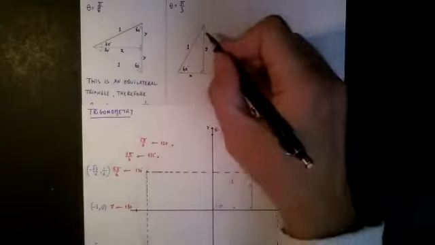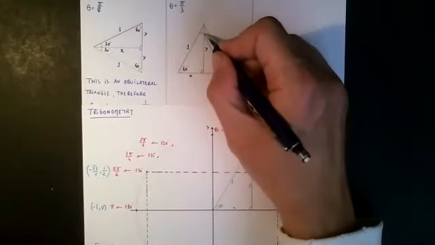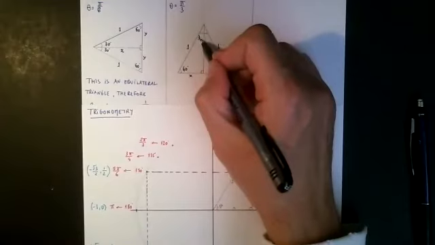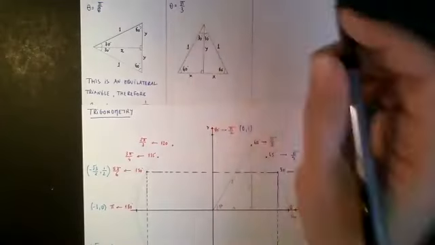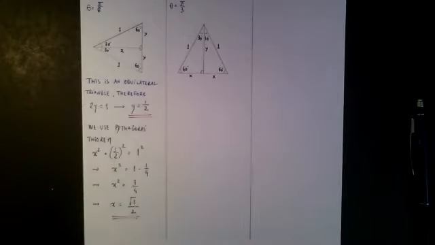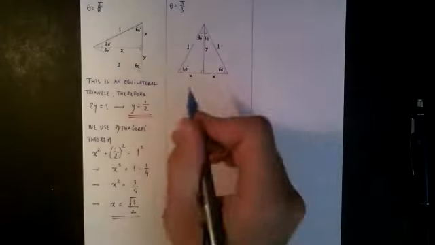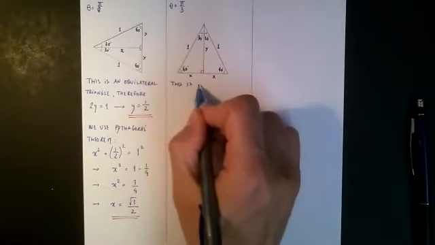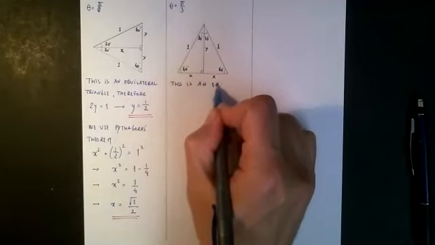Okay, so this and this are each worth 30. And again, this is an equilateral triangle. Okay, so let me write this again. So this is an equilateral triangle again.